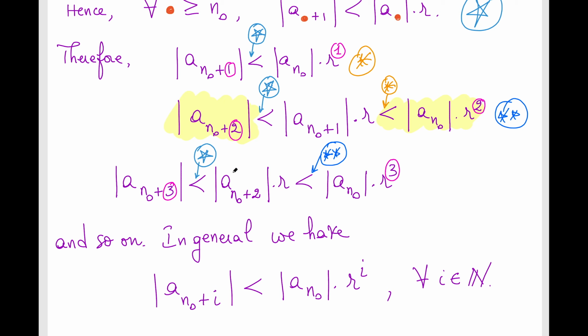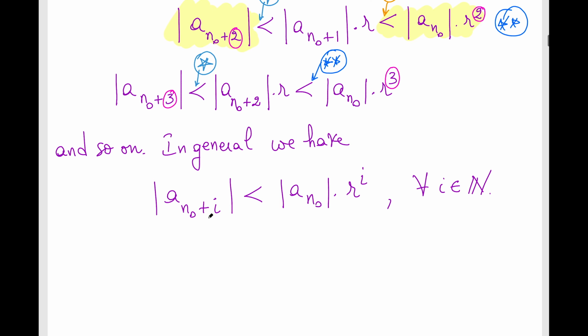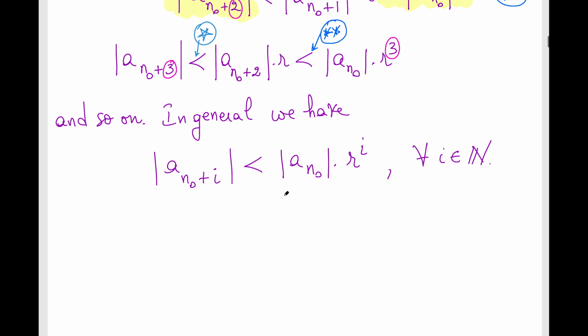I made the first 3 cases. You can keep going, and at least you can show it by induction to see the general case, but it's not that bad. Okay, so we have this. I'm gonna ask you to think about this series.